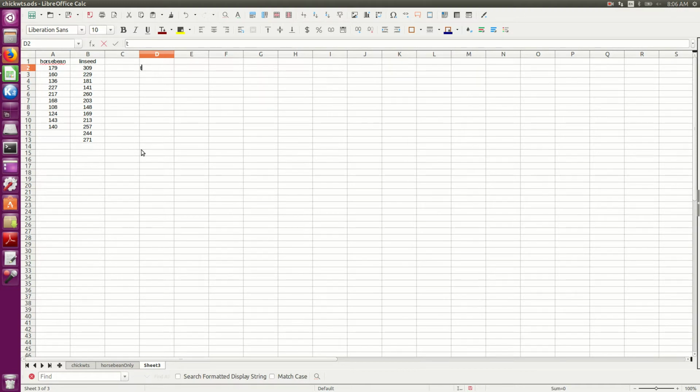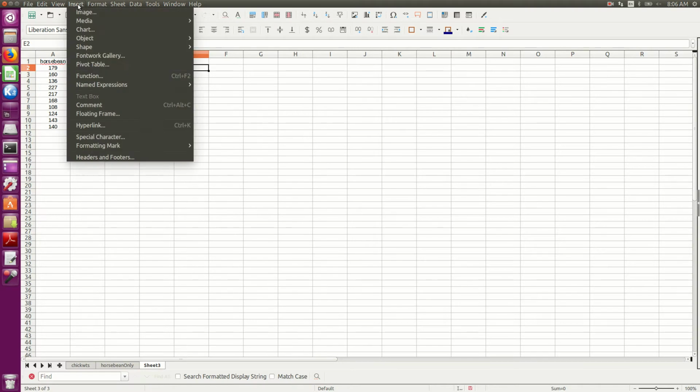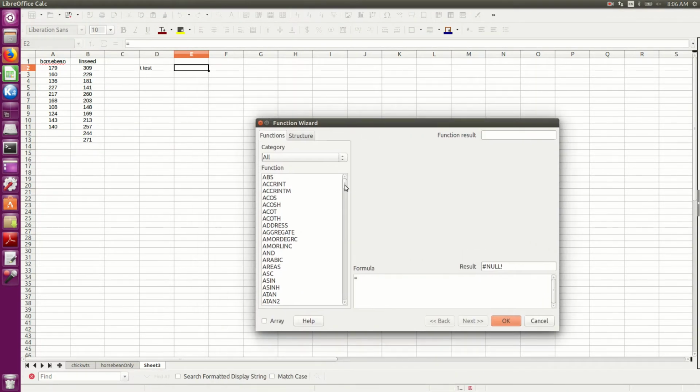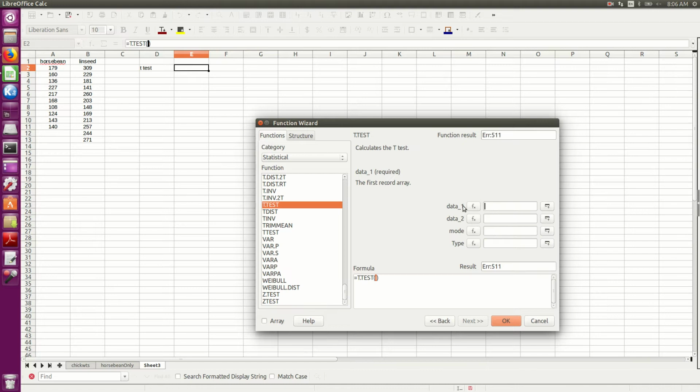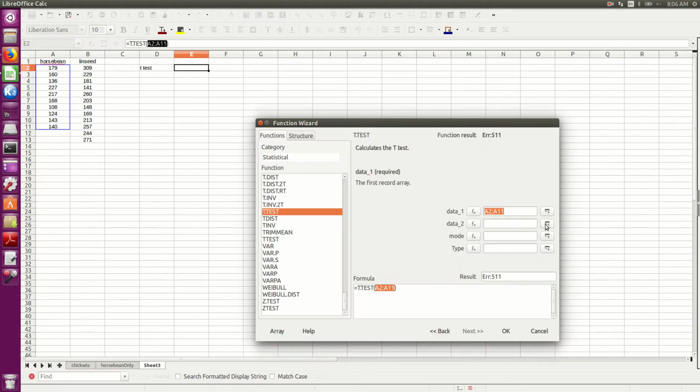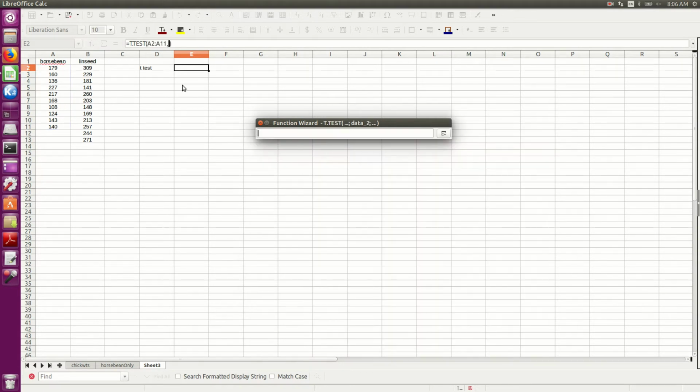So here's my t-test, and so I'll go back to that, insert that function, come down here, find the t's, and there's our t-test. And remember, we needed our 2 data sets, so here's our first data set, and here's our second data set.